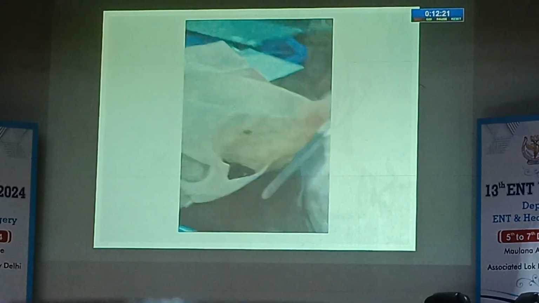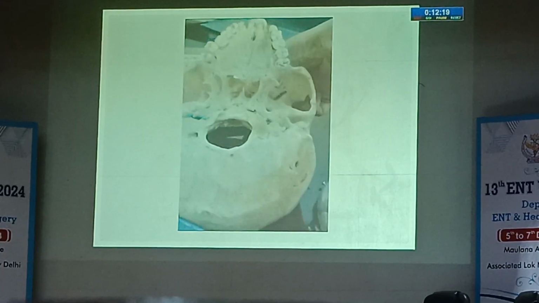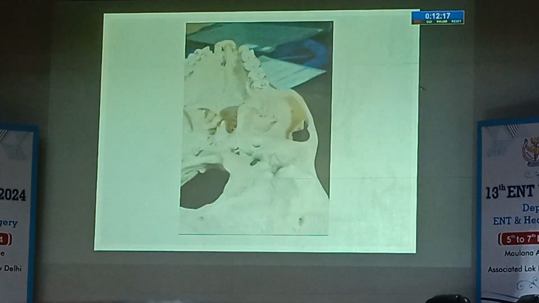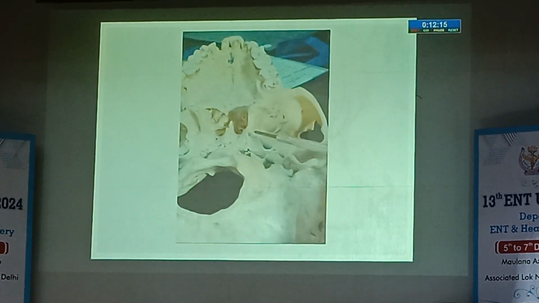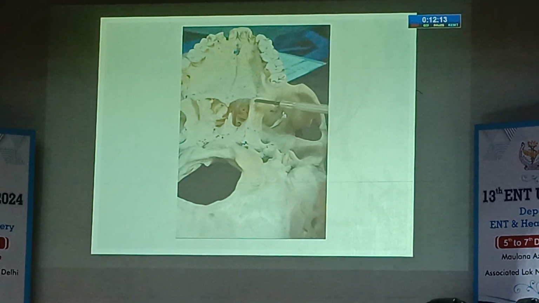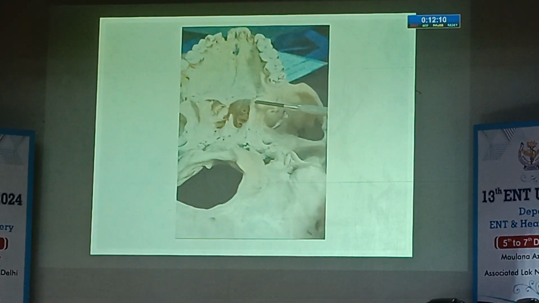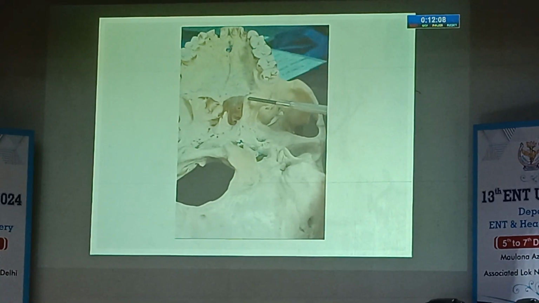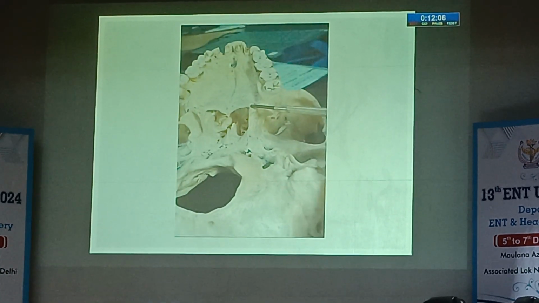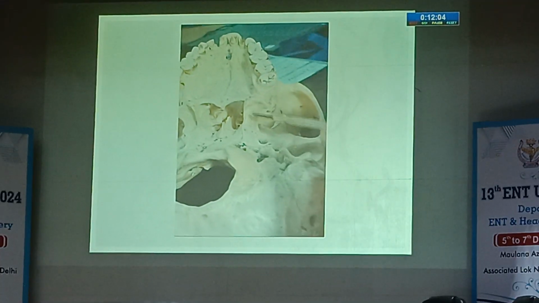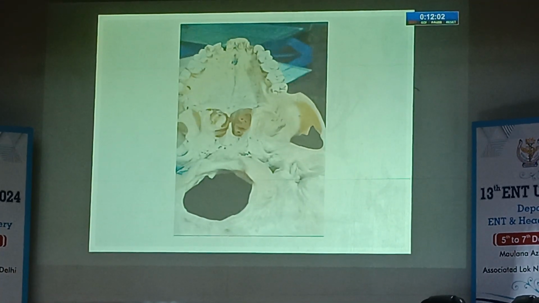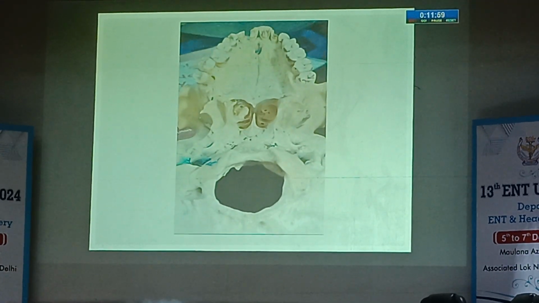The pterygoid plates are better visible on this bone here. The medial pterygoid plate has an elevation called the pterygoid hamulus, where the palatal muscle is attached along the pterygomandibular aspect. So you can see all these structures.